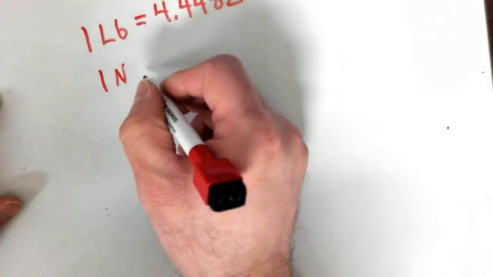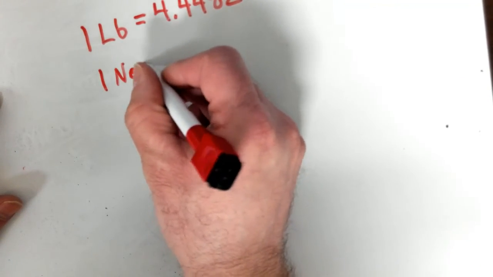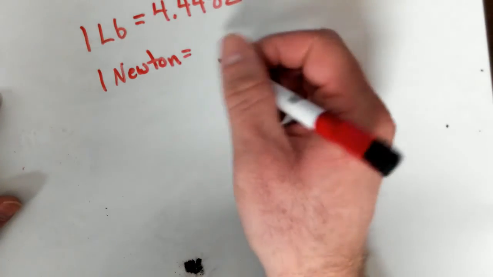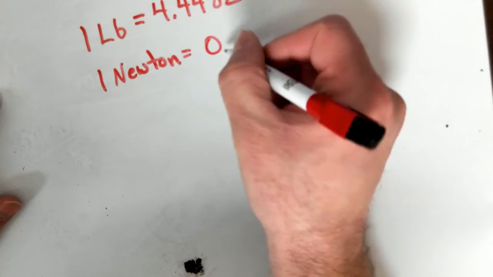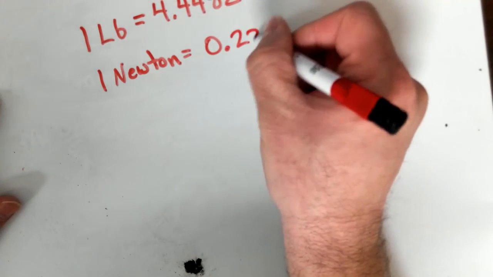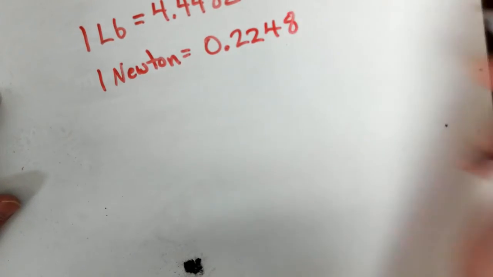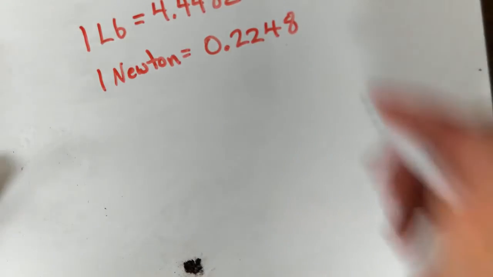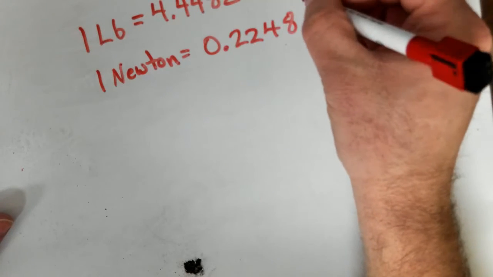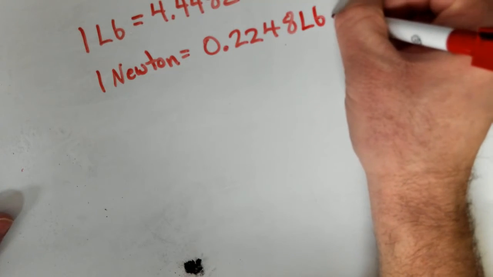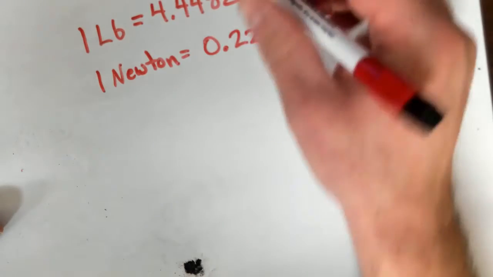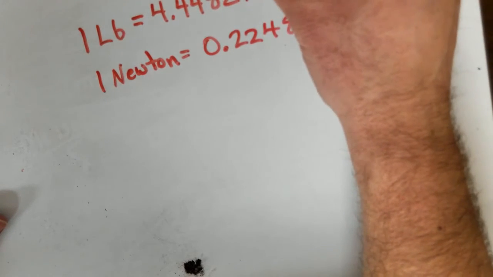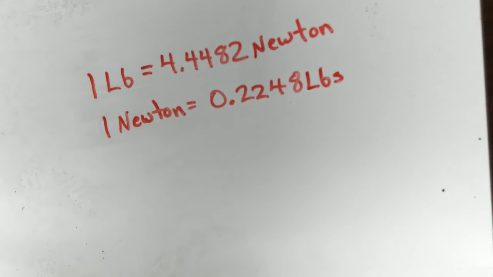And 1 Newton, and I'll write it out, 1 Newton is equal to 0.2248 pounds. Okay? And this one up here would be Newton. Forgot to add those in. So it looks like that. So 1 pound is equal to 4.4482 newtons, and 1 newton is equal to 0.2248 pounds.